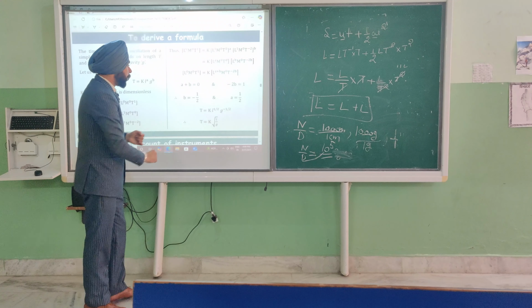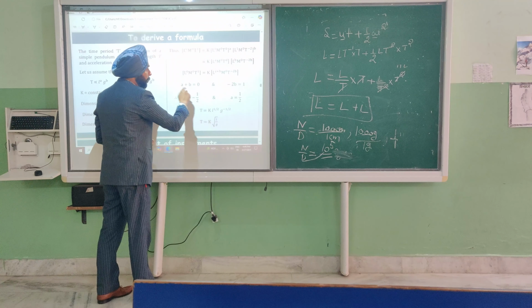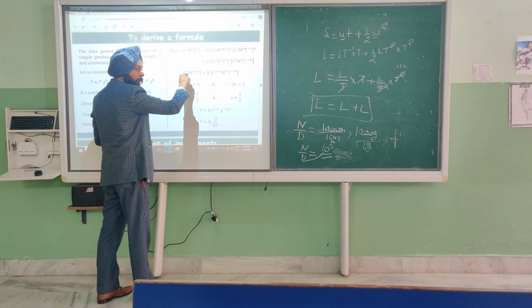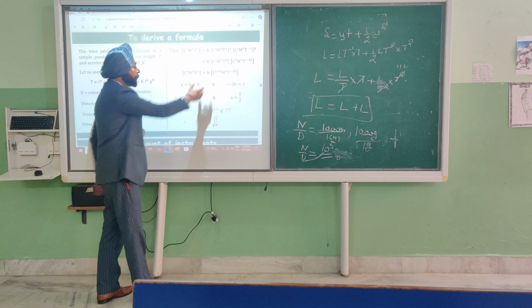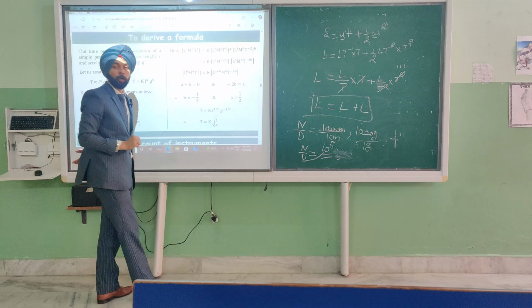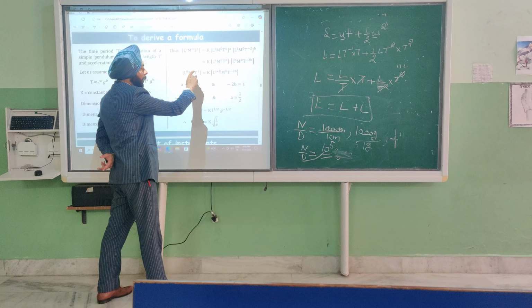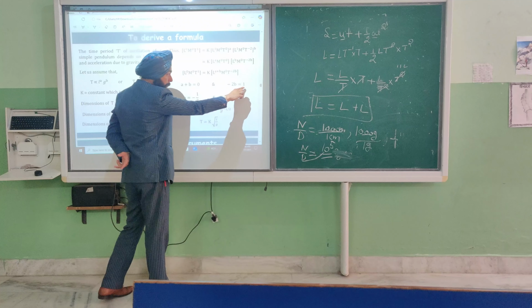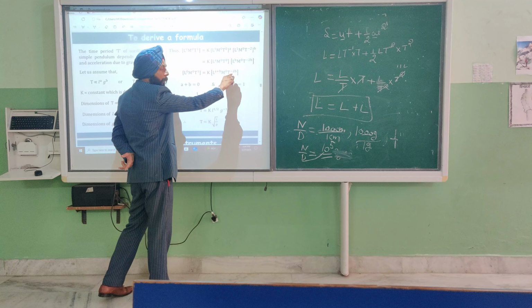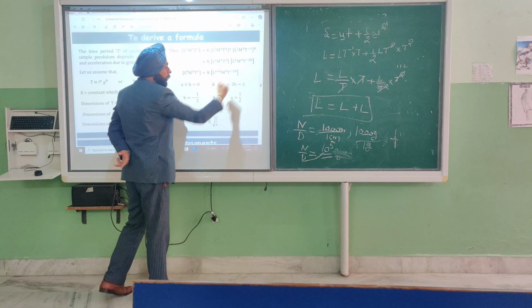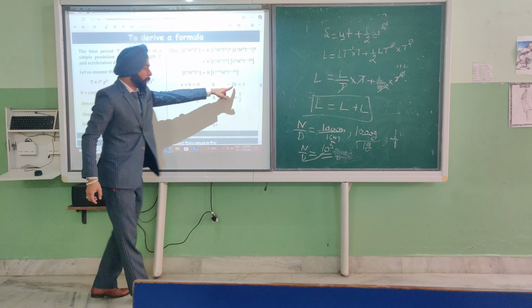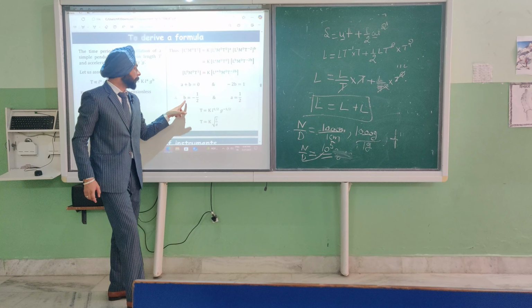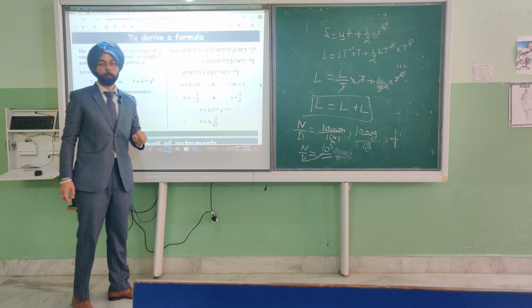So according to that, L0 is equal to L to the power a plus b, that means a plus b is equal to 0. And the power of t1 is here and the power of t minus 2 is on this side, so minus 2b is equal to 1. From this we find b is equal to minus 1 upon 2.